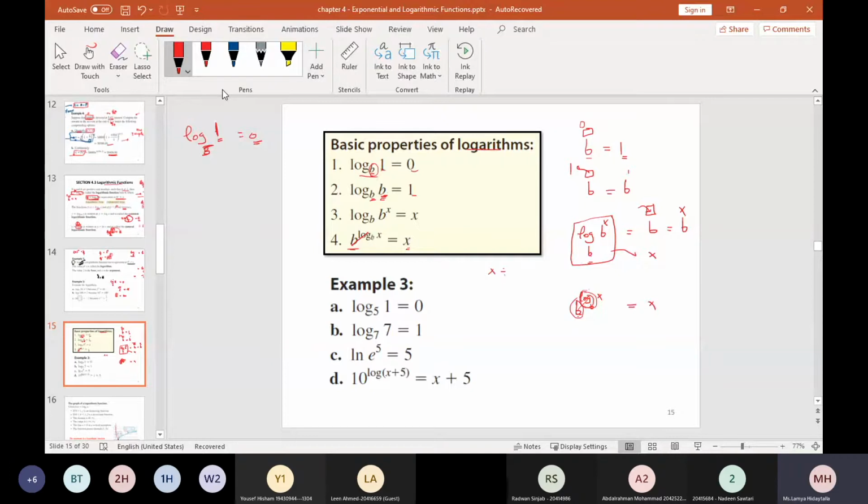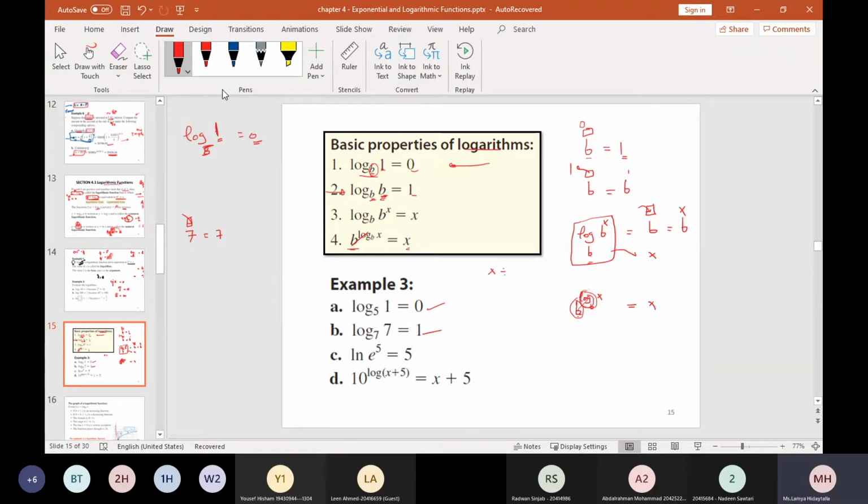Logarithm 1 to the base 5: we said always logarithm 1 is 0. Yes, first here. Logarithm 7 to the base 7: 7 to what power is equal to 7? So this should be 1, right? So the answer is 1, and actually this is this rule. Ln e to the power 5, what is that?